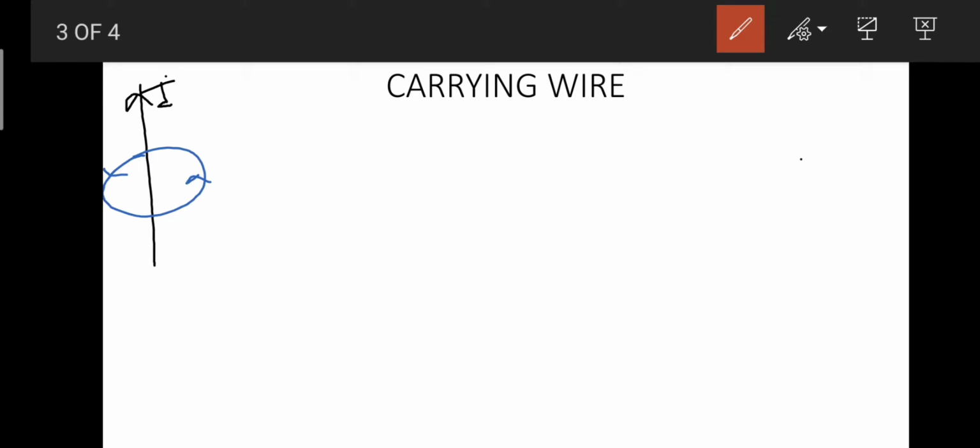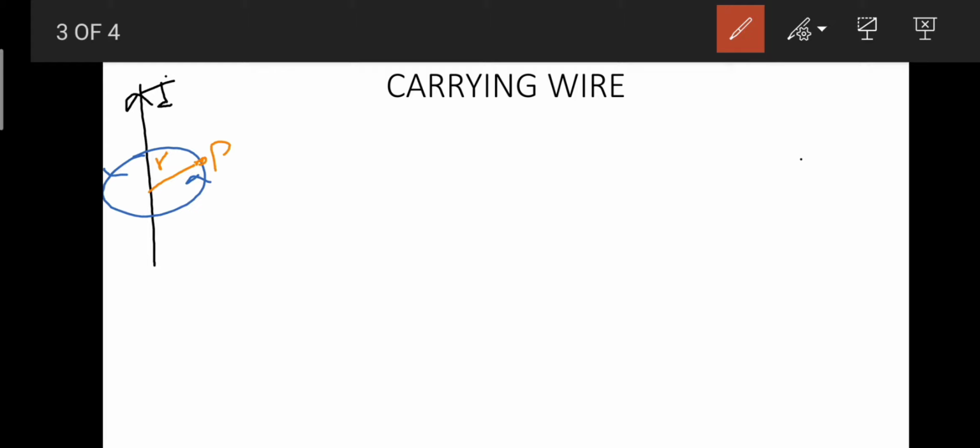To determine the magnetic field for this particular case, at this particular point P, I know the radius is r.